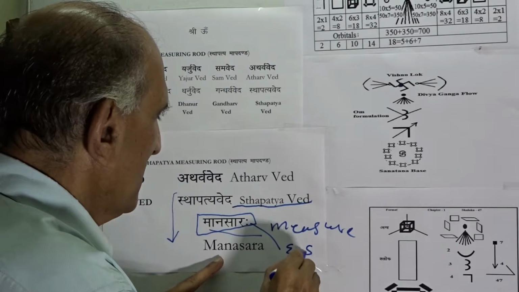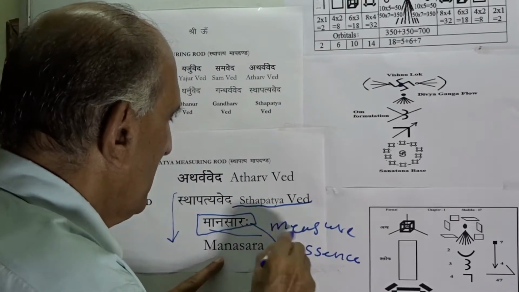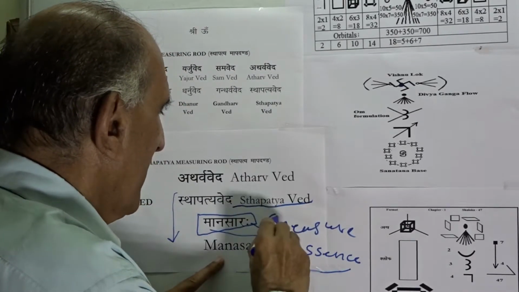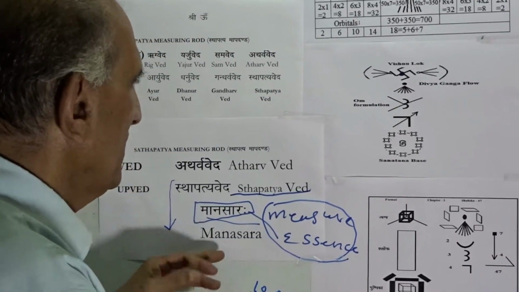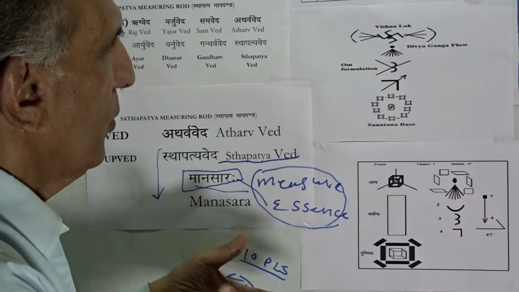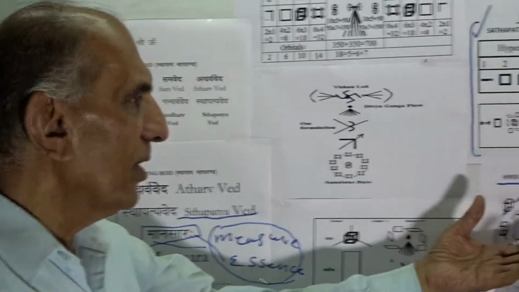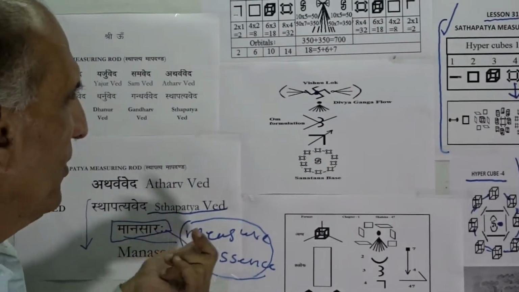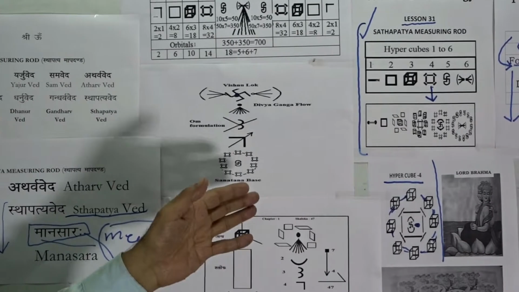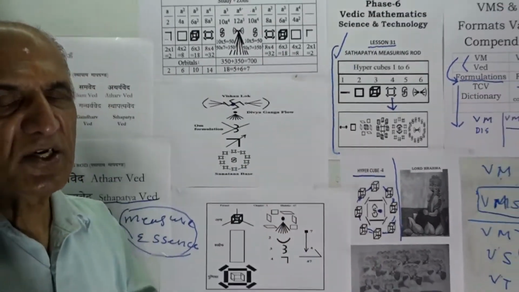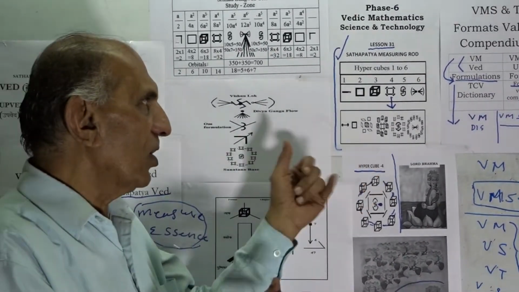the essence. So the essence of everything is going to be the mayas, and these mayas are nothing but the transcendental domain. We know that Lord Brahma is the overlord of the maya of the Sthapatya Measuring Rod, and Lord Vishnu is the presiding deity of the Sthapatya Measuring Rod.